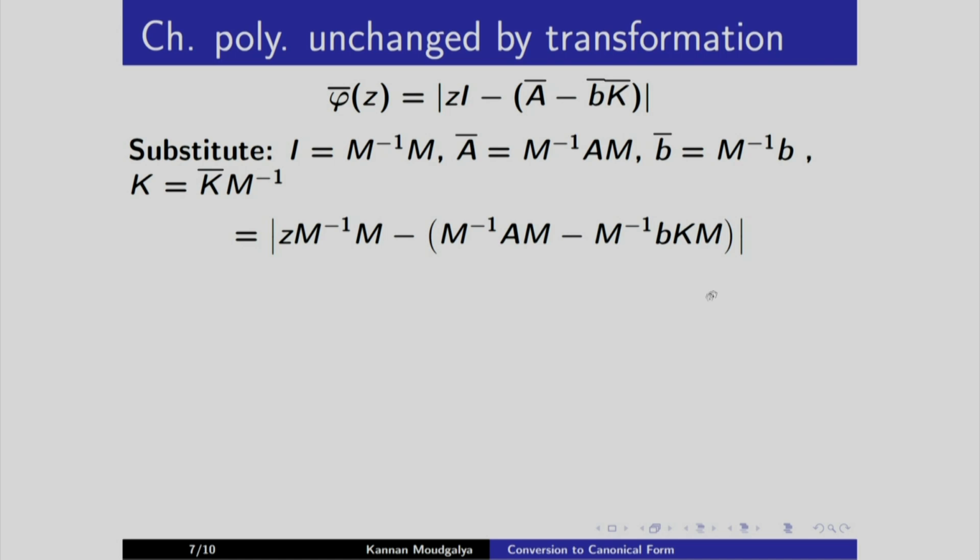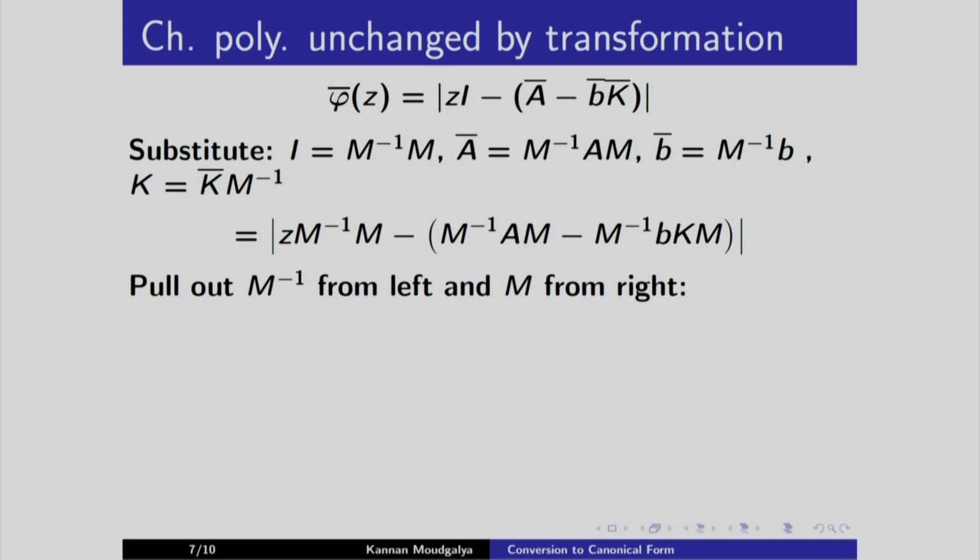So I have got this, and I have m inverse at the beginning in every one of these entries, and m as the last entry in every one of these entries. So let me pull these out, m inverse from the left and m from the right. So I get this expression, m inverse on the left hand side, m on the right hand side.